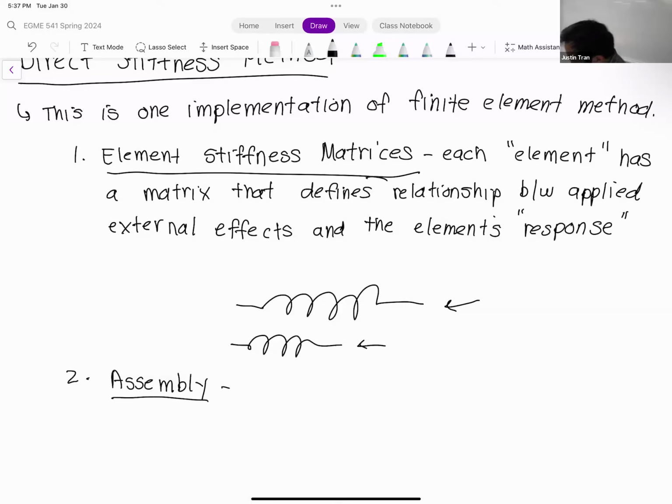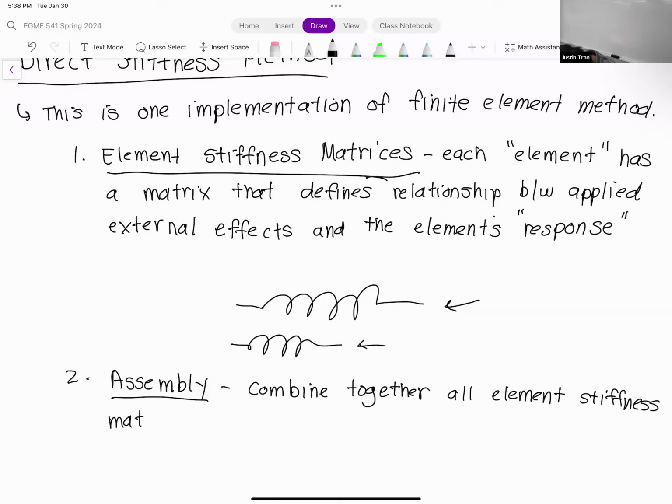In the assembly step, you're going to combine together all the element stiffness matrices of all elements in the system.